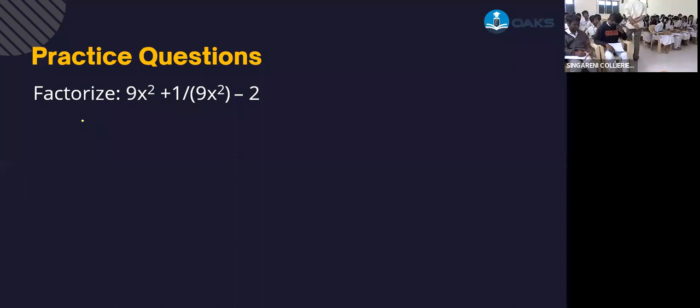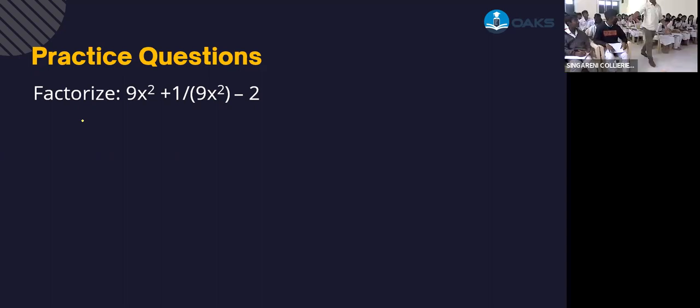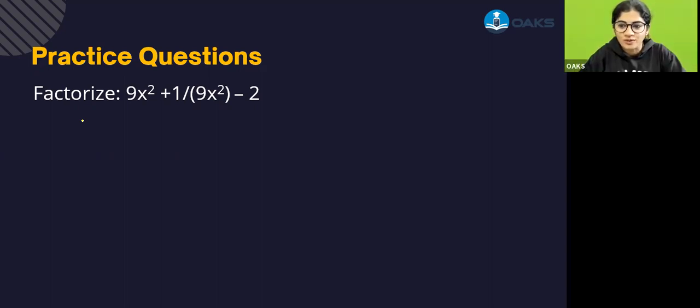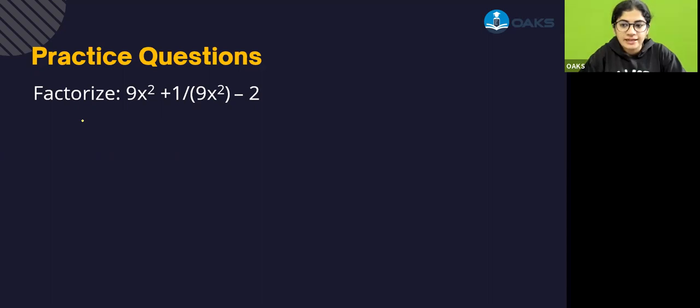The boy with black hoodie, you are not solving the question. At least try to solve. Try to remember the identities. I'll be writing the identity when I solve this question, but try to remember the identity.